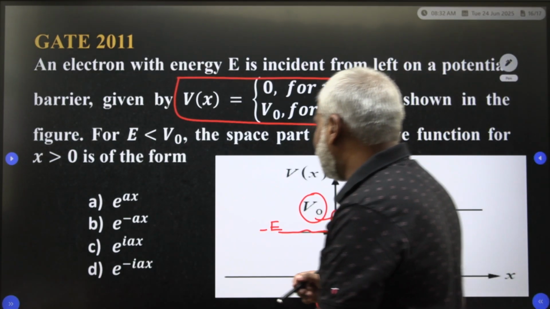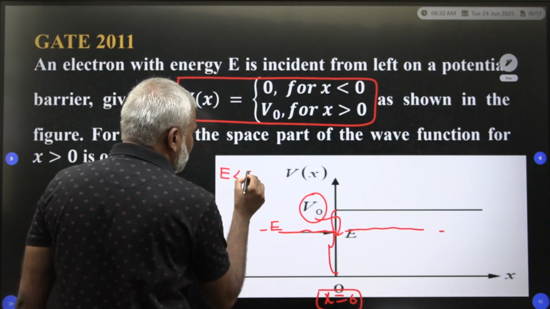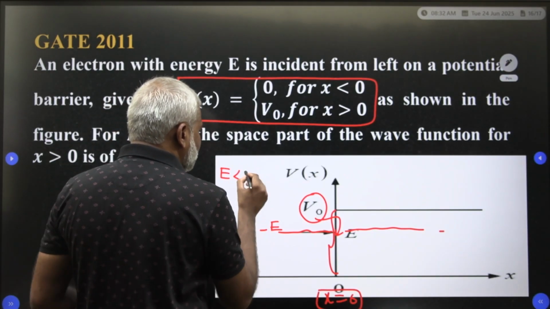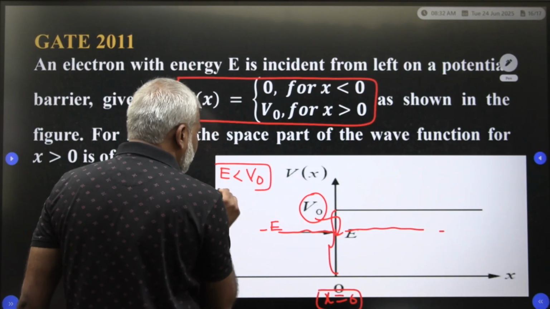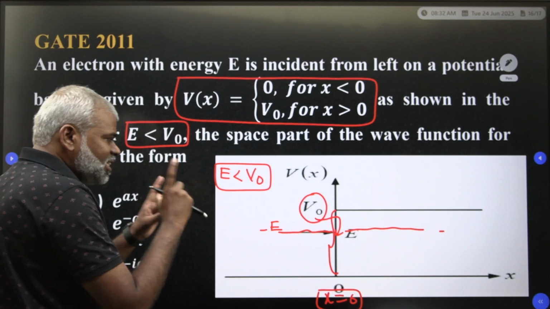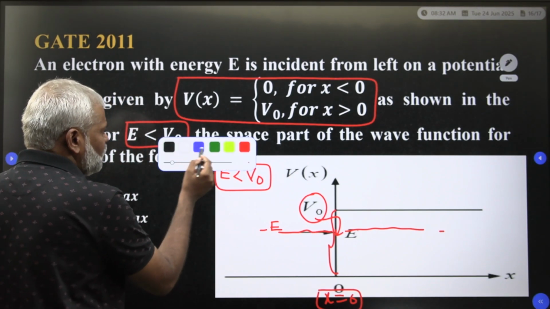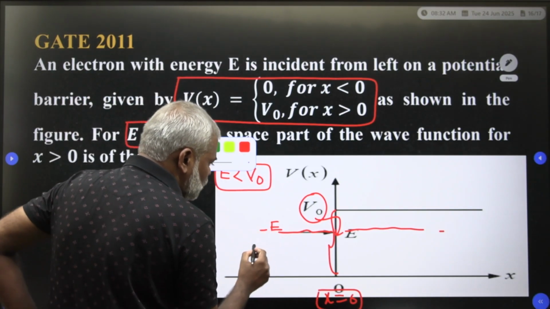What is the condition when E is less than V naught? We already discussed the space part of the wave function.